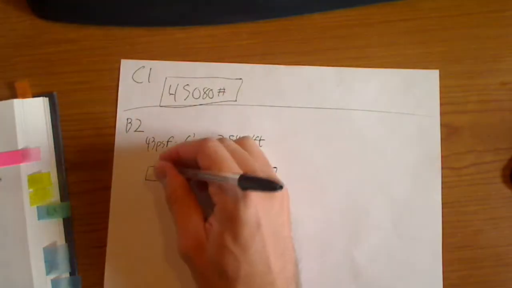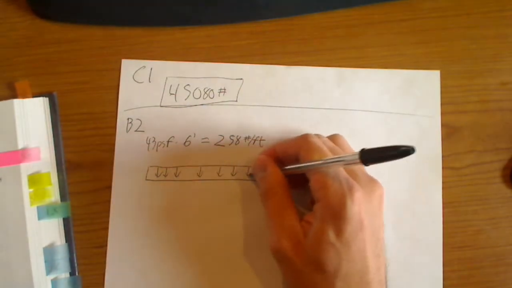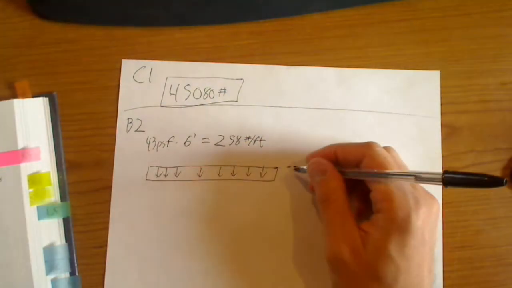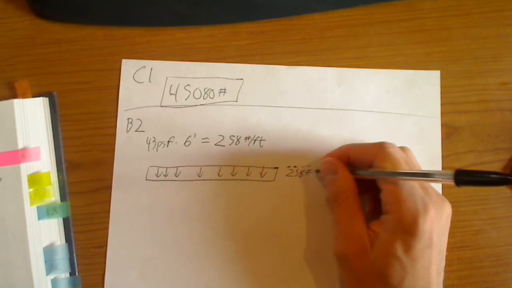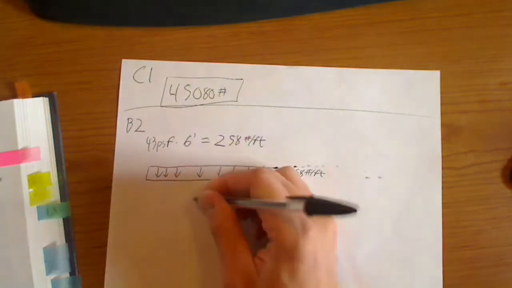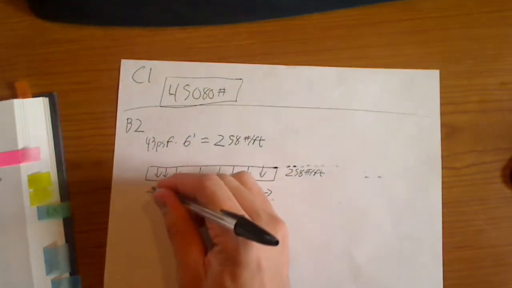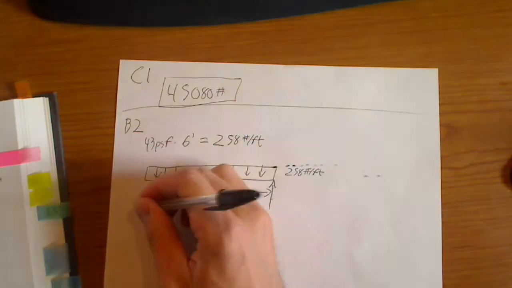So here we are, load of 258 pounds per foot, over 16 feet between the ends here. And I want to know what these reaction loads are.